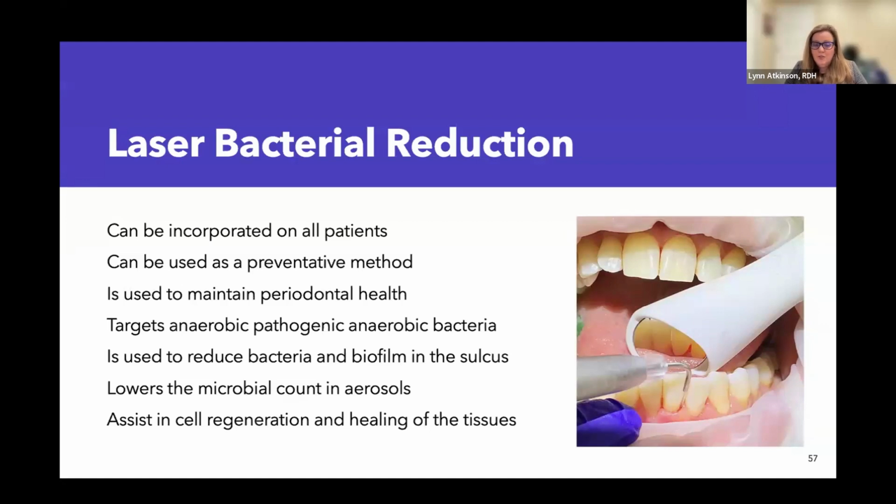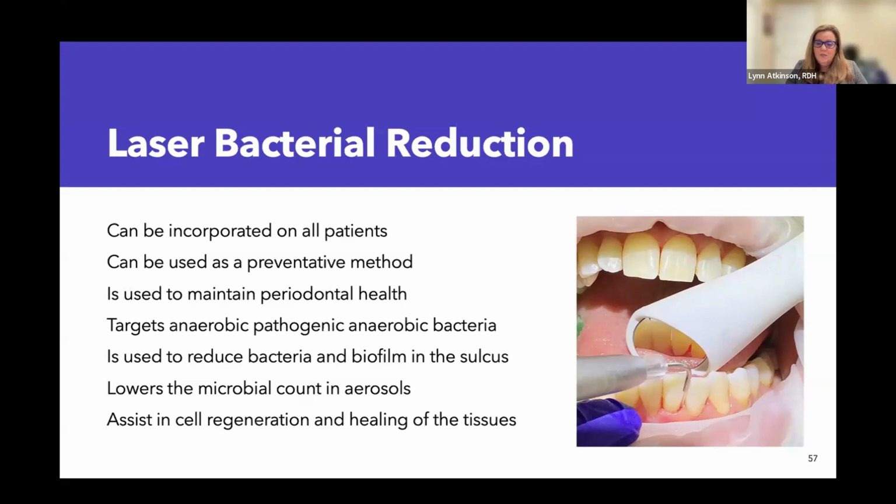It targets anaerobic pathogenic bacteria. Most of this pathogenic anaerobic bacteria is pigmented. So the diode laser is only absorbed in dark pigmentation and hemoglobin. So any dark pigmented bacteria, the laser energy is going to be absorbed into that bacteria.